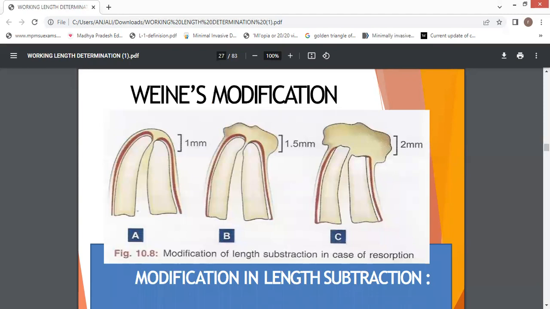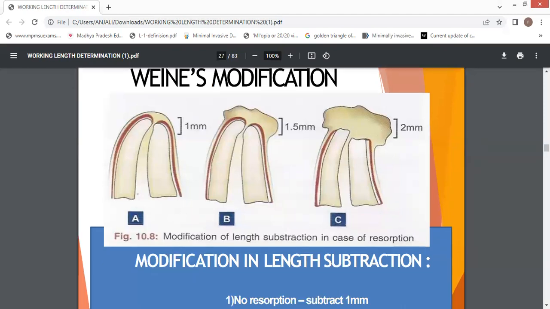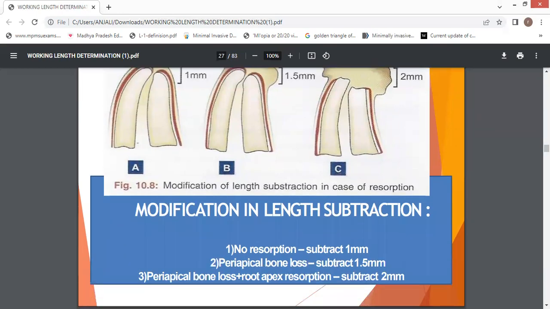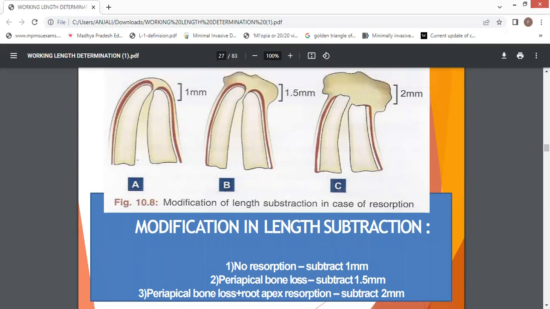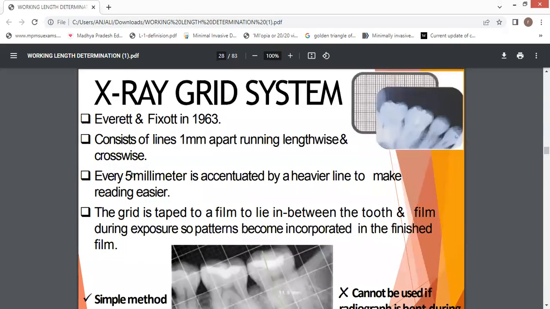In Wien's modification, there is a modification in the length subtraction. If there is no resorption, we subtract 1 mm. If there is periapical bone loss, we subtract 1.5 mm. And if there is periapical bone loss plus root apex resorption, we subtract 2 mm.